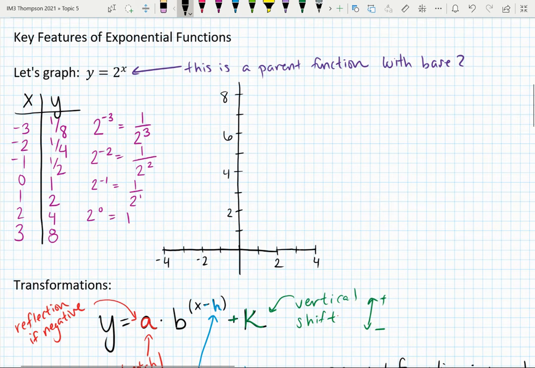Like I said, you might choose to just use one box equal to 1. That's totally fine. My boxes are really small on this screen, so I'm going to use 2 boxes equal to 1 unit to make sure that this graph is not too tiny for you to see.